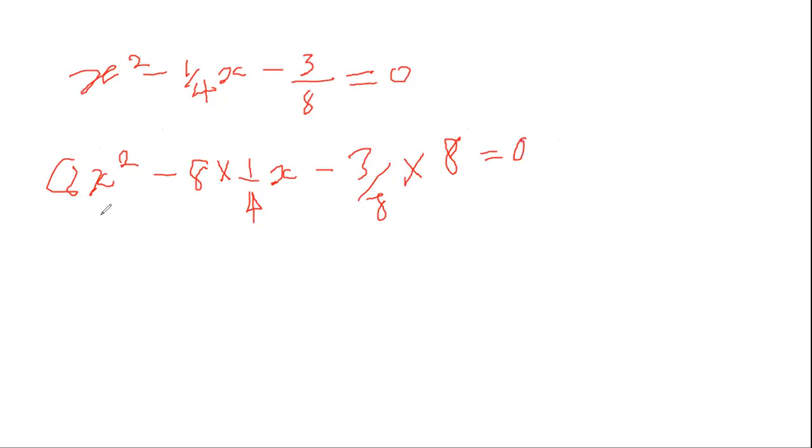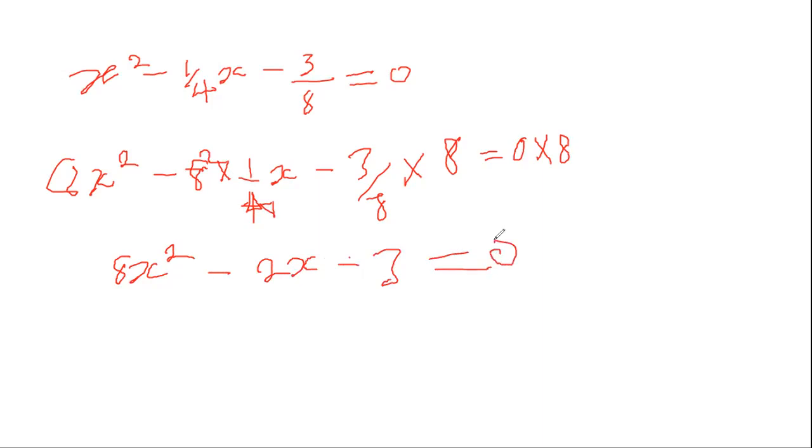So this would be 8x squared minus 2x minus 3 is equal to 0.